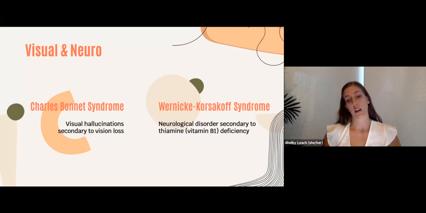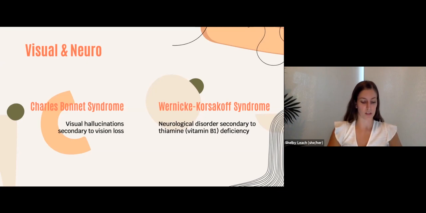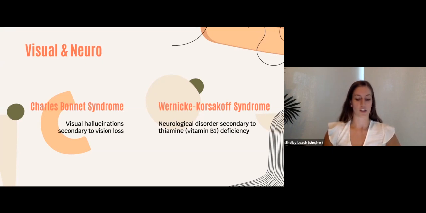There was a study done in 2020 specifically about the effects of COVID on those patients with Charles-Bonnet, and it showed that half of participants experienced an exacerbation of their hallucinations during the pandemic. Patient reassurance and education play a role in improving their quality of life, really emphasizing social connection.